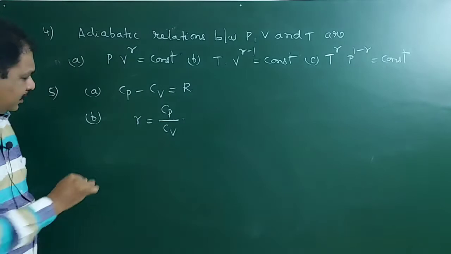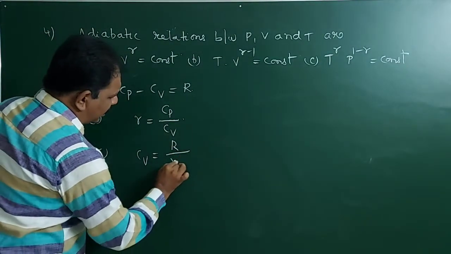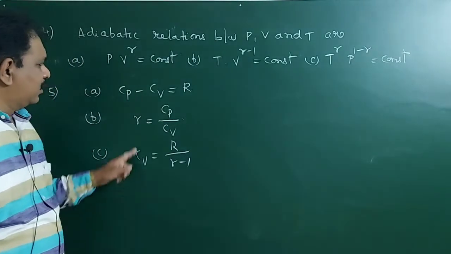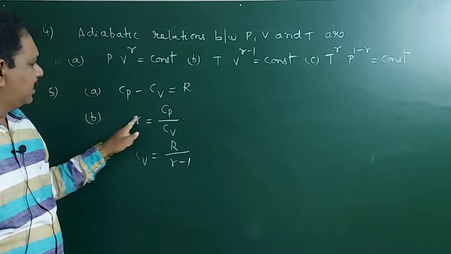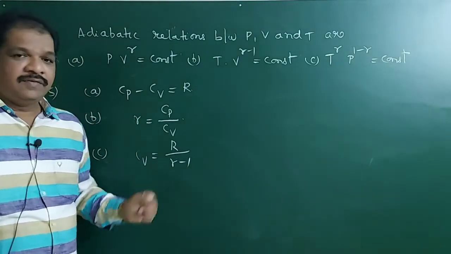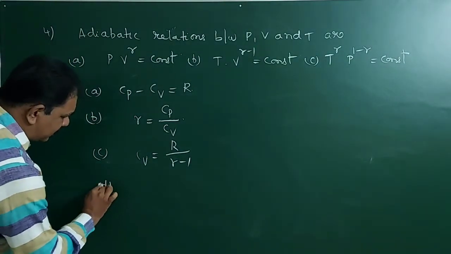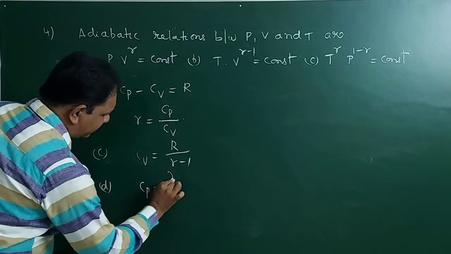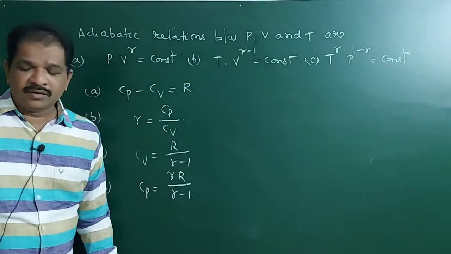And Cv value will be R by gamma minus 1. Here, in the place of Cp, you substitute gamma Cv. Take Cv common. Then Cv is equal to R by gamma minus 1. Cp is equal to gamma R by gamma minus 1.